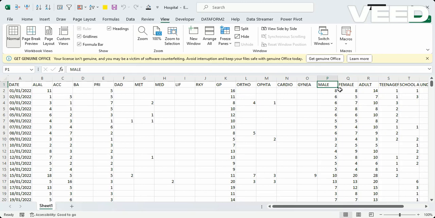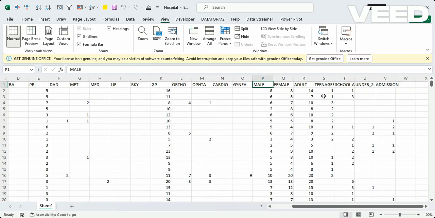So we believe that 16 patients were seen on that day. And then we look at the age category of those patients. So adults were 14, and then teenager, only one teenager, only one school age, and then under 5.